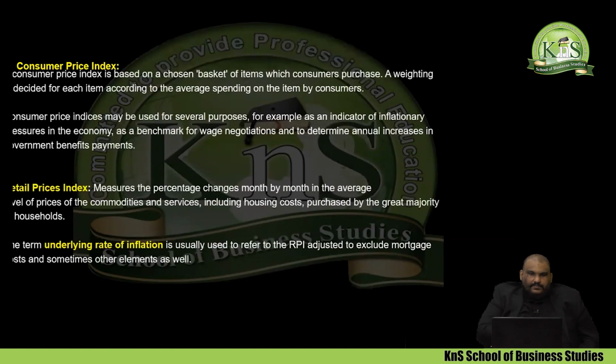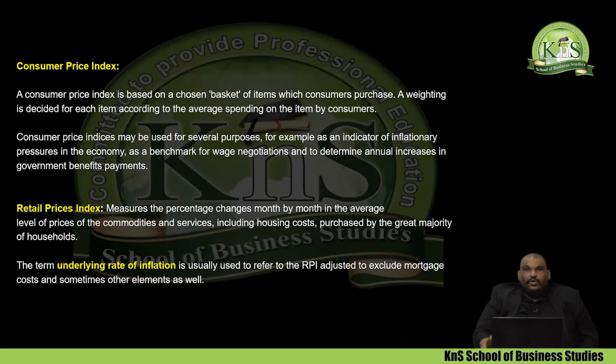Let's give it a quick read. A consumer price index, or CPI, is based on a chosen basket of items which consumers purchase. A weighting or importance is decided for each item according to the average spending by the consumers. Okay? CPI may be used for several purposes: as an indicator of inflationary pressures, how much the prices of those goods in the basket are rising, as a benchmark for wage negotiations, and to determine the annual increase in government benefits.